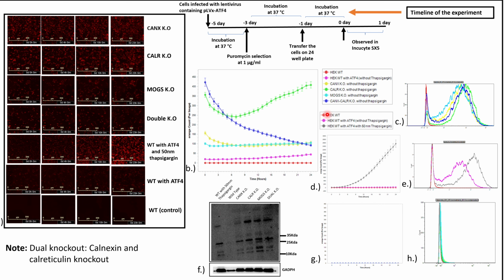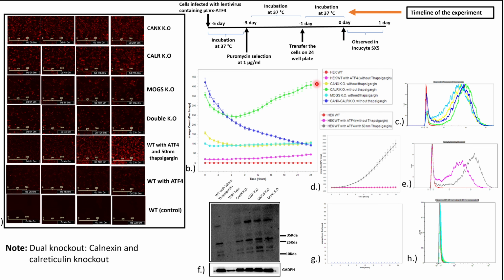So it has been found that calreticulin has the highest ER stress compared to the calnexin or MOGS knockout. The ER stress of the double knockout has also been measured, but the bioinformatic analysis of this double knockout is yet to be done. So let us now not go through this calnexin and calreticulin double knockout.